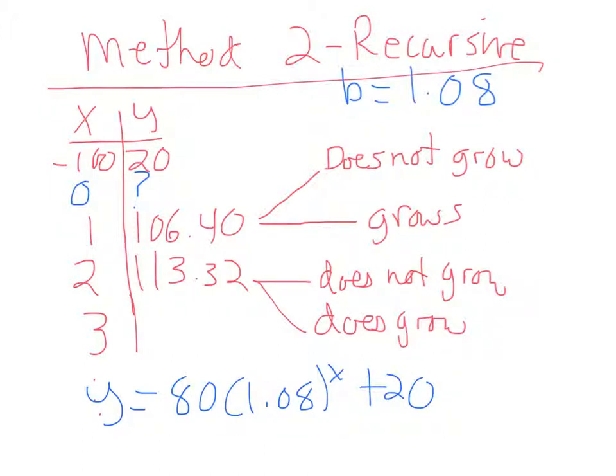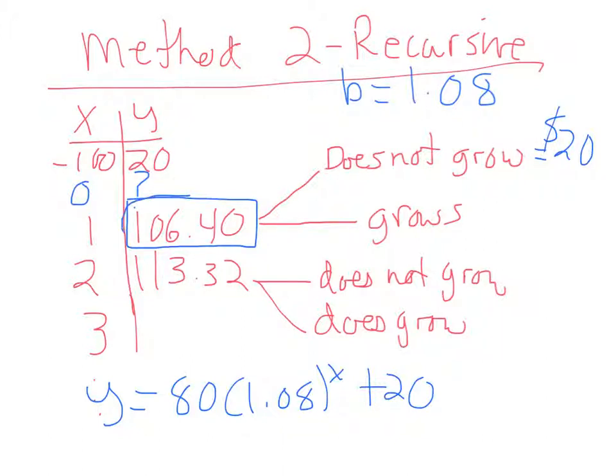Okay, so now let's forget that we have this answer right here, and let's look at a totally different strategy, what I call a recursive strategy, so we're looking back. One of the things that we know is we figured out that because we have a horizontal asymptote that's not 0, it's actually 20, that $20 is not growing.